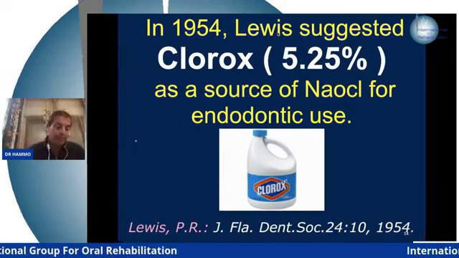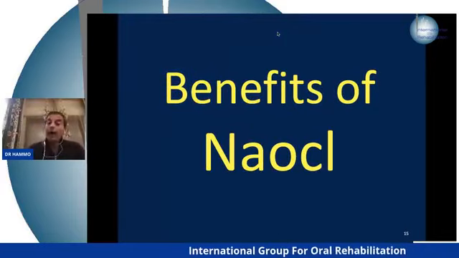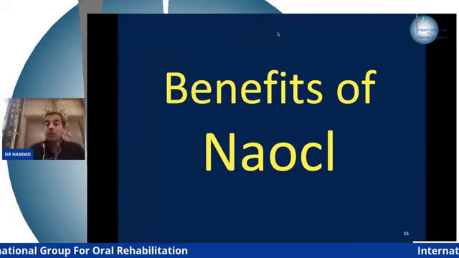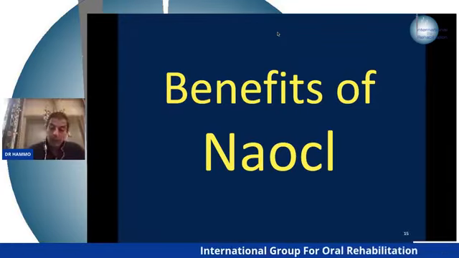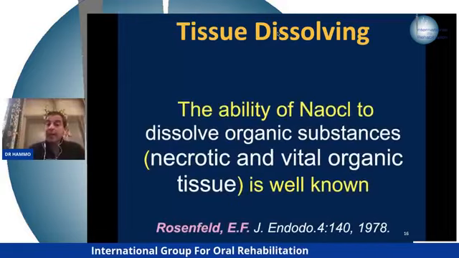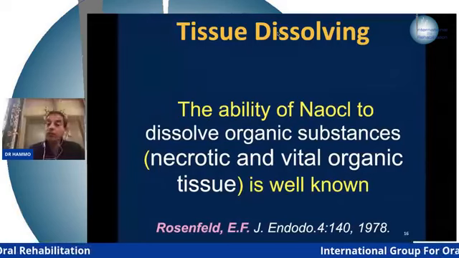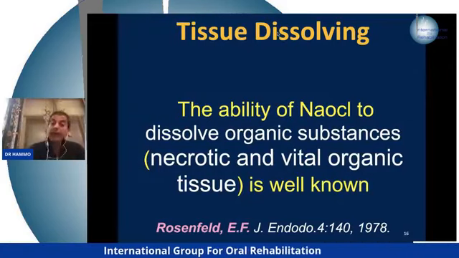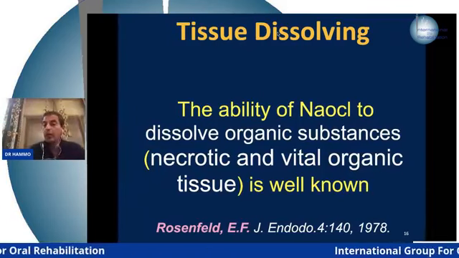to disinfect them. So we have to know why we could not find an alternative to sodium hypochlorite, and the benefits of sodium hypochlorite. So let's see. The first advantage of sodium hypochlorite is tissue dissolving. The ability of sodium hypochlorite to dissolve organic substances, necrotic and vital organic tissues, is well known.